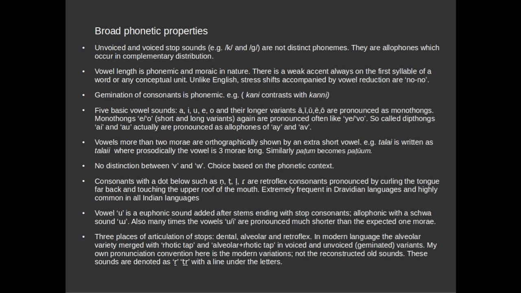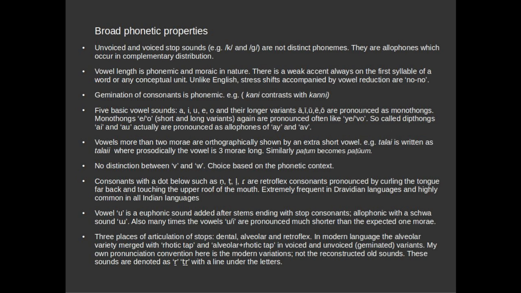Let's see. Number one, the language does not distinguish between unvoiced and voiced stop consonants, which means the sound pairs like ka, ga, ta, da, pa, ba are not treated as two different sounds but as variations of the same sound. And the phonetic context in which a particular sound would be voiced or unvoiced occurs in complementary distribution, which means the contexts in which a sound would be voiced or unvoiced do not intersect with each other.